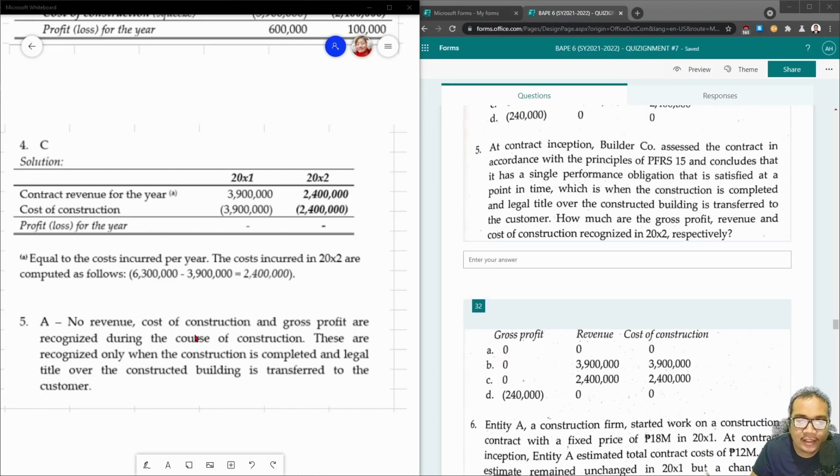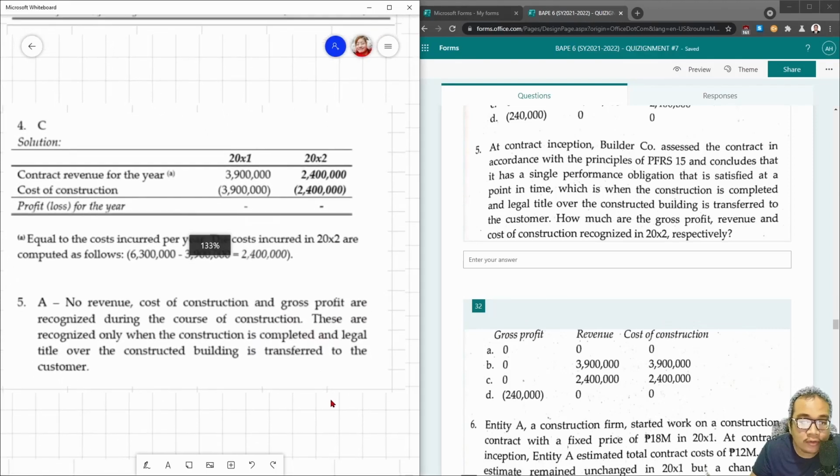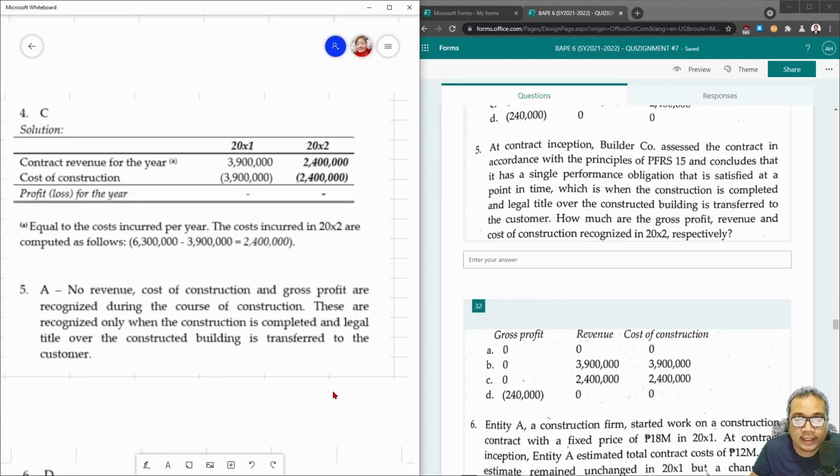Bakit? Kasi nga, wala tayong nire-recognize eh. Basahin natin to. No revenue, cost of construction, and gross profit are recognized during the course of the construction. Bakit? Kailan na lang natin sila nire-recognize? These are recognized only when the construction is completed and legal title over the constructed buildings is transferred to the customer. Kasi, di ba, yan yung difference ng overtime at point in time. Sa overtime, habang nangyayari, okay, recognize. Pero point in time, wala eh.